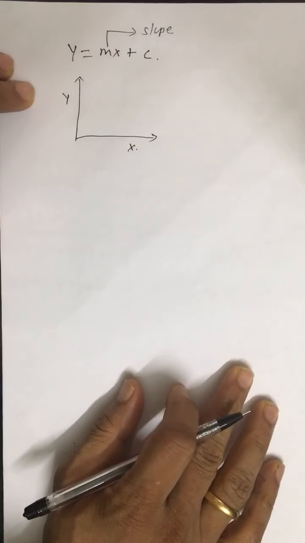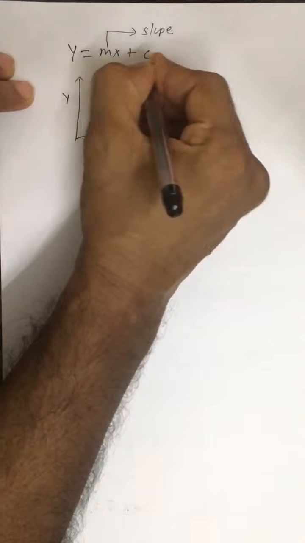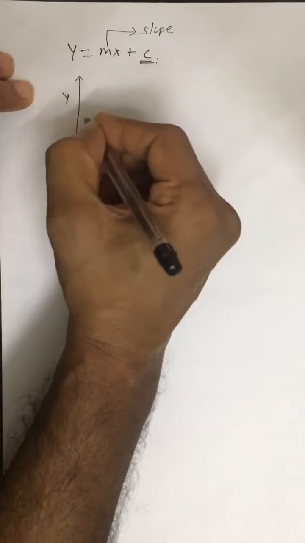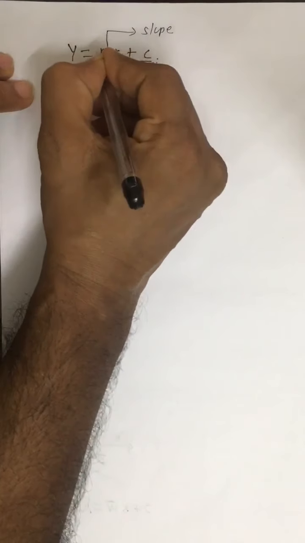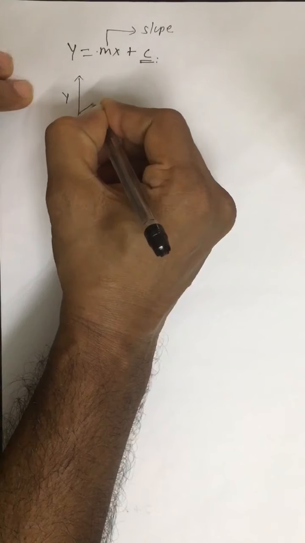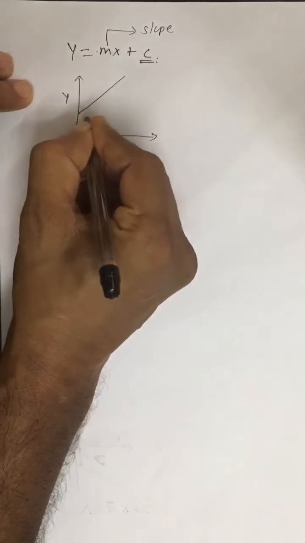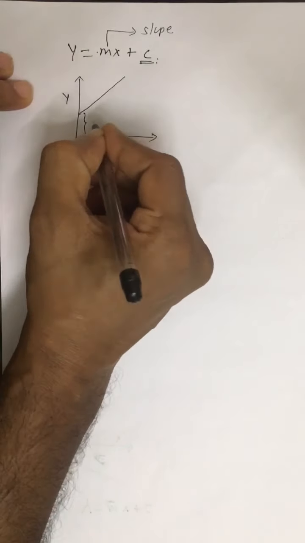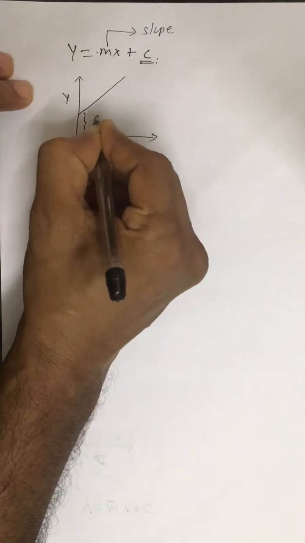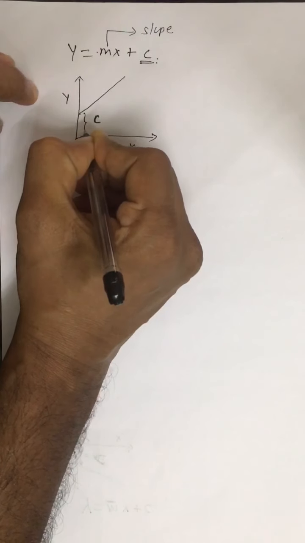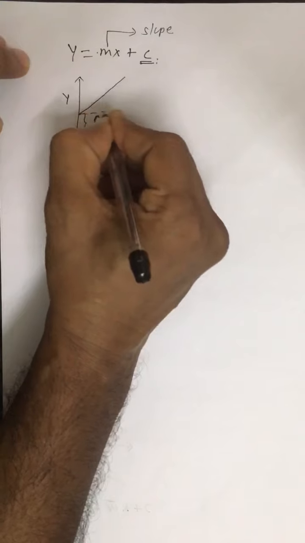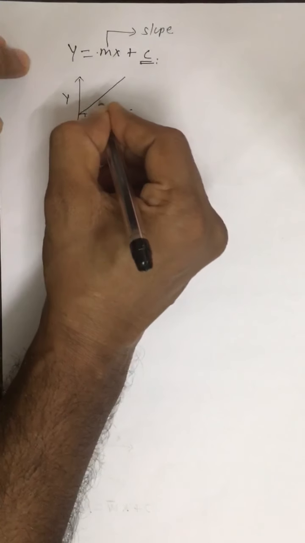Between y and x we are drawing a graph, and c is called the intercept, and since it is a positive value we get a positive slope. This is the intercept c, and this is the slope of the graph.